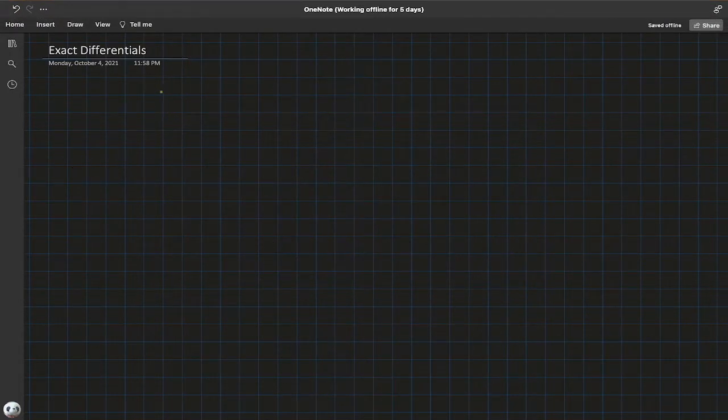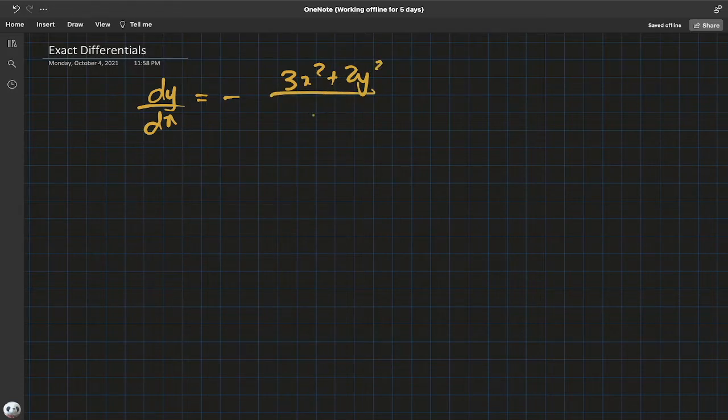Okay, we have dy over dx equals negative 3x squared plus 2y squared divided by 4xy with the boundary condition y of 1 equals 1. You can call it an initial condition. Boundary condition is a more general terminology for PDEs.